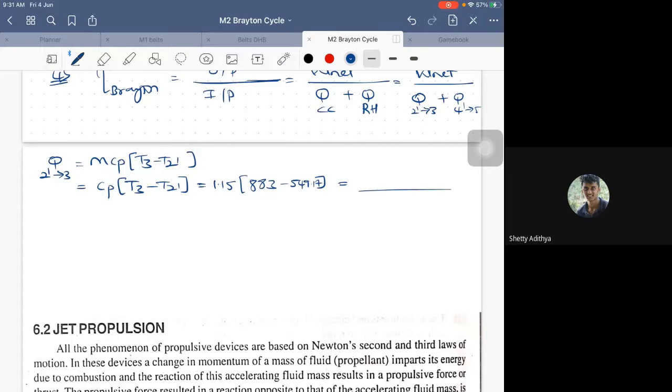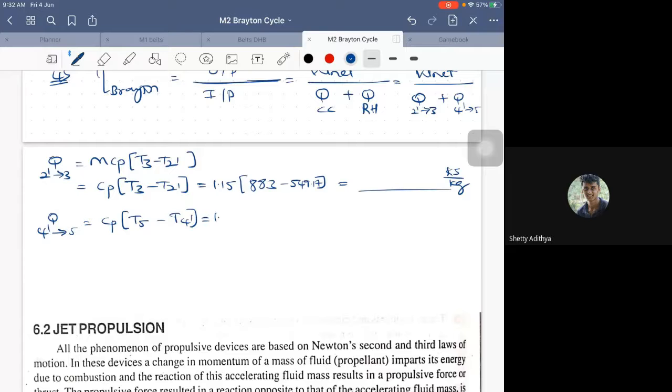Okay, thank you. Now, what is the value of Q2 dash to 3 in kilojoules per kg? Similarly, you can calculate Q4 dash to 5, which is Cp into final minus initial, so T5 minus T4 dash. Cp is 1.15.